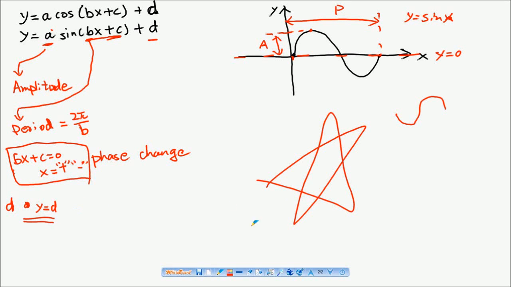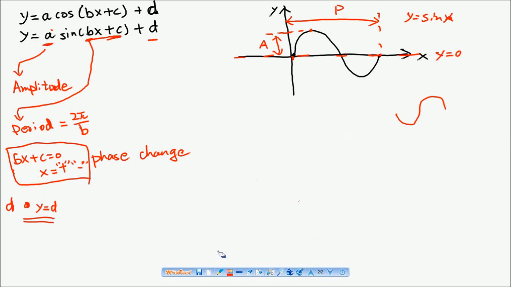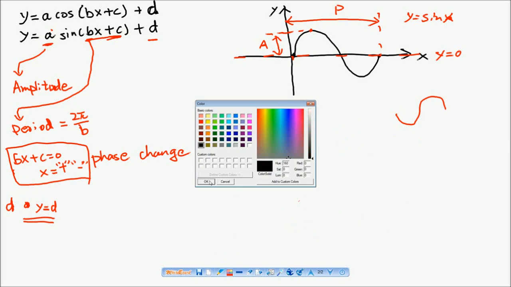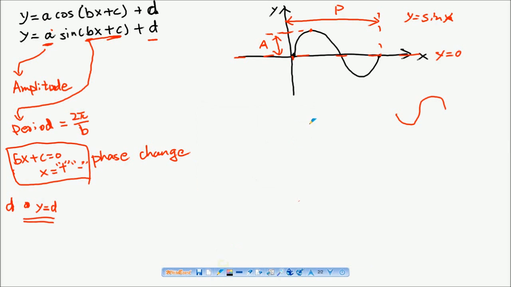I'll do an example here. For instance, if I have the trigonometry equation y equals sine x plus 10, the graph would translate 10 units up.